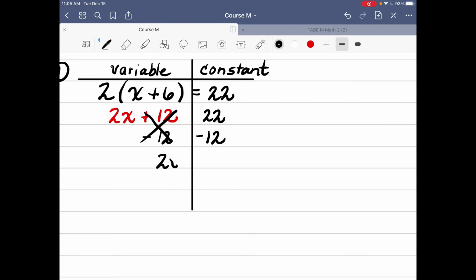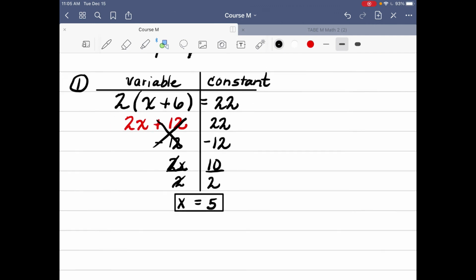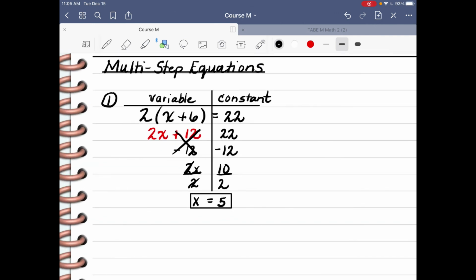Cancel, copy, and then divide the coefficient. x is 5. Okay.